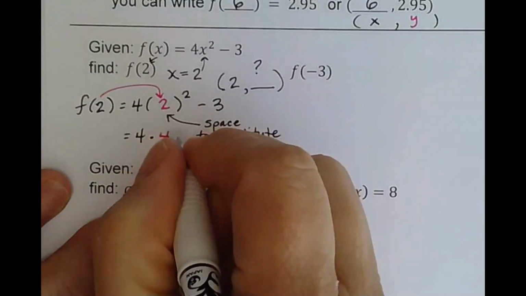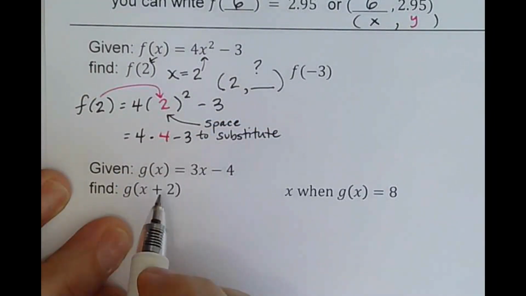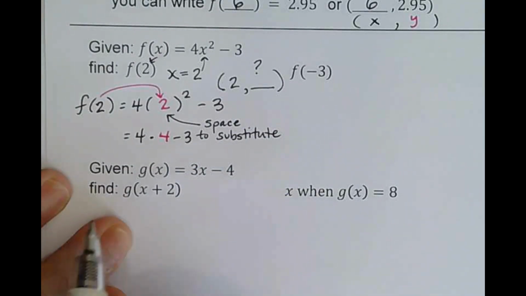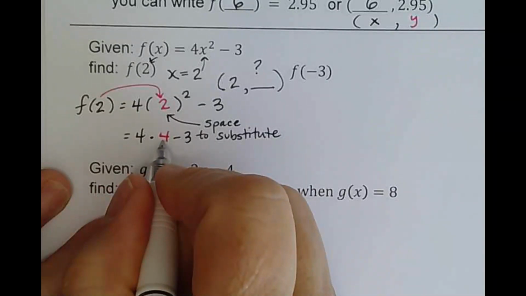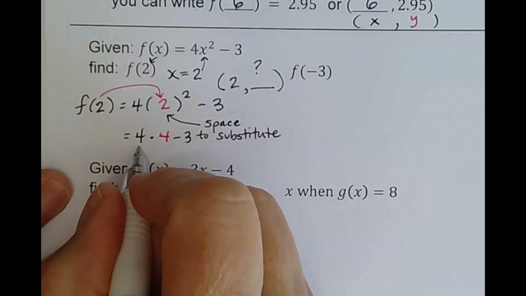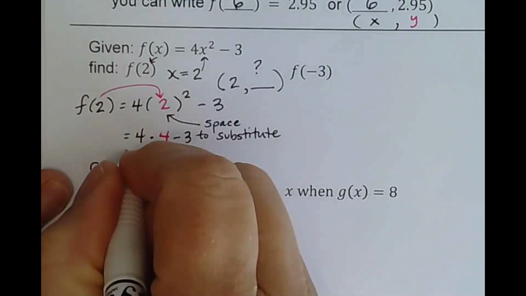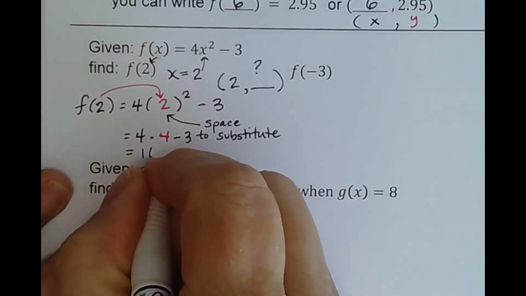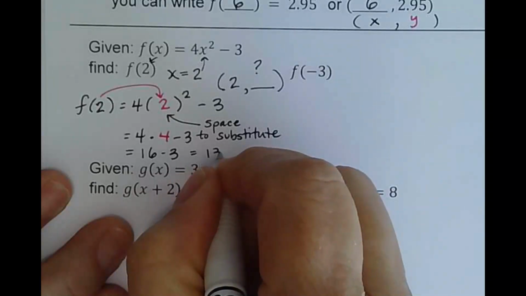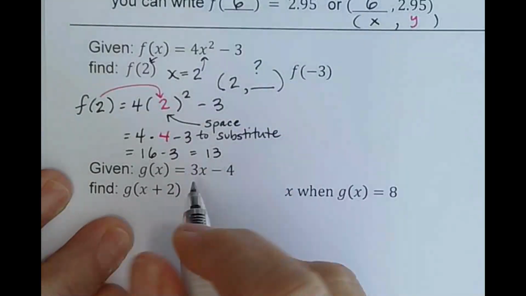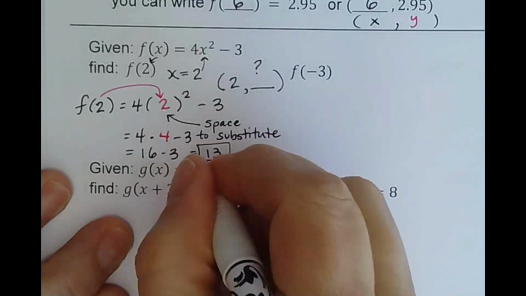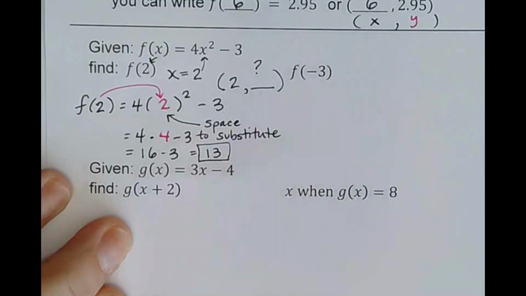And then I subtract 3. You can also do this in your calculator. 4 times 4 is 16. I multiply before I subtract. 16 minus 3 is 13. So I found that f of 2 is 13. So I can put that here.